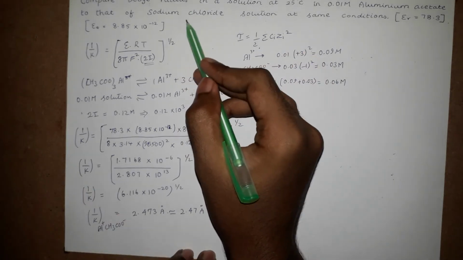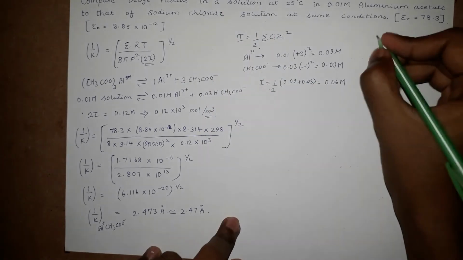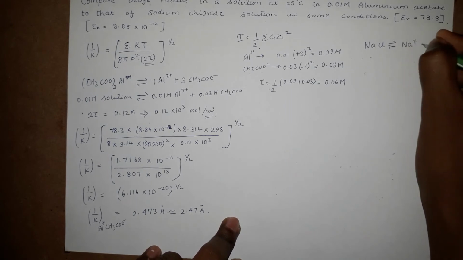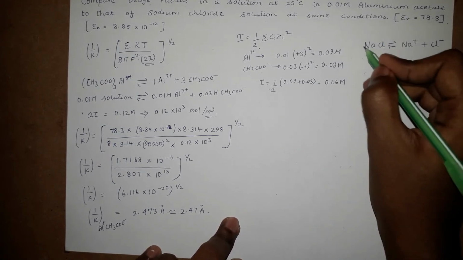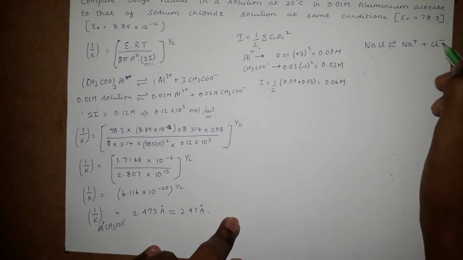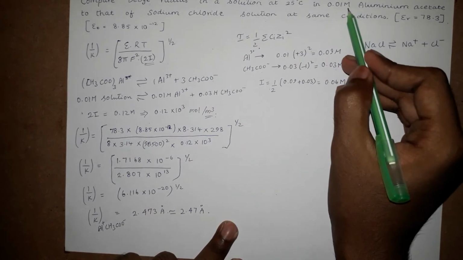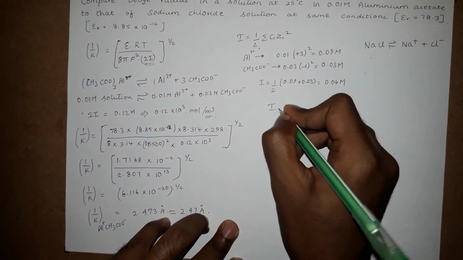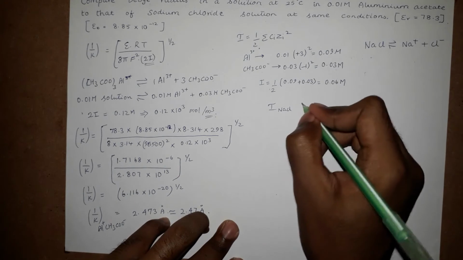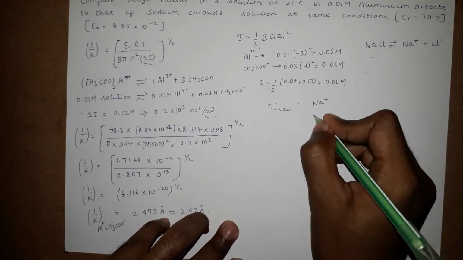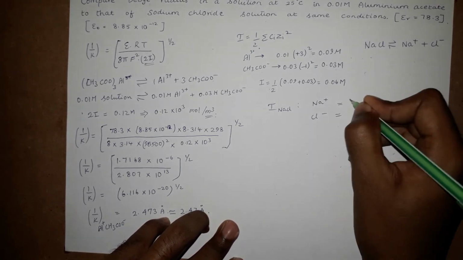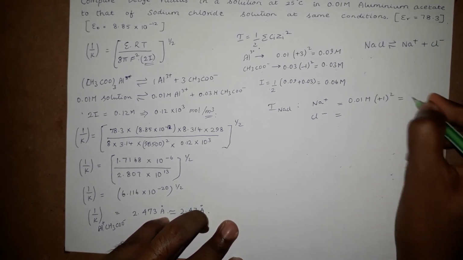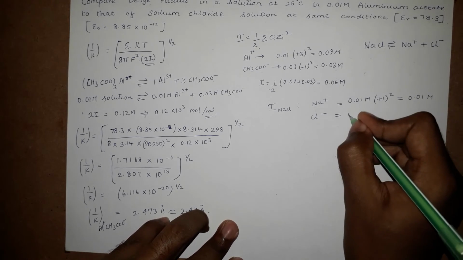And we need to compare this with that of sodium chloride. So sodium chloride NaCl dissociates as Na plus and Cl minus. 1 molar gives 1 mole of Na plus ion and 1 mole of Cl minus ion. Therefore 0.01 molar NaCl solution. We calculate the I of NaCl, starting with the Na plus ion and Cl minus ion. Concentration is 0.01 molar times the charge plus 1 square, which is equal to 0.01 molar.